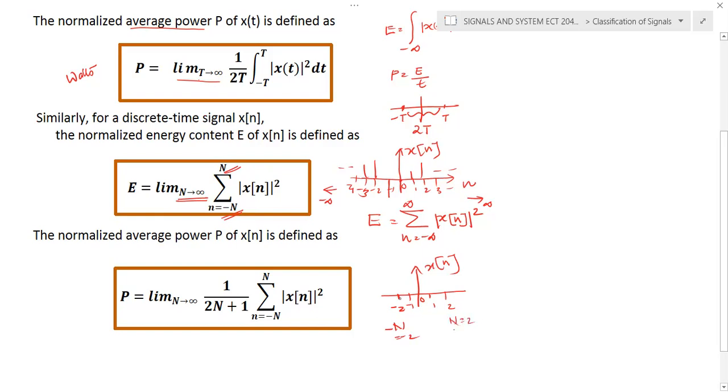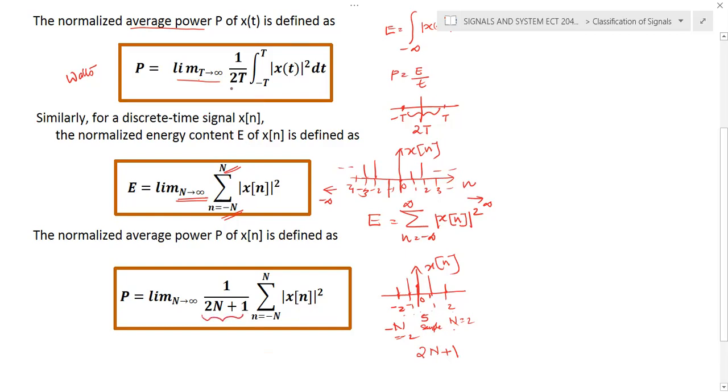If we take the total number of samples, you will get 1, 2, 3, 4, 5 samples. So there are actually 5 samples. If you divide by time or sample number, it's not simply 2n, it should be 2n plus 1, then only you will get this number 5. That's why instead of writing 1 by 2n, here it is written as 2n plus 1.